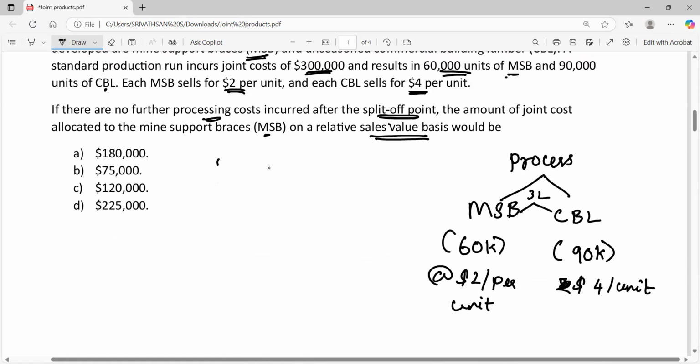So here, the 3 lakh rupees is the joint cost, which is incurred for producing both MSB as well as CBL. This 3 lakh should be allocated between MSB as well as CBL, right? On what basis should it be allocated? It should be allocated on the basis of relative sales value.